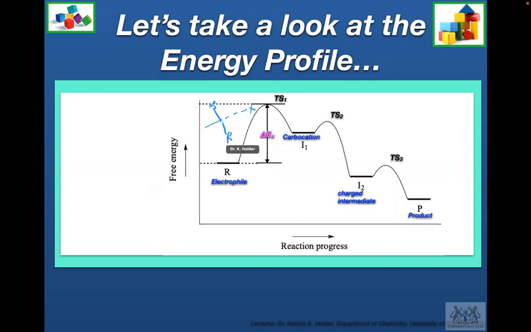And so you can see the development of a partial negative charge on our leaving group, and the emergence of a partial positive charge on the electrophilic center. But it's not a full-blown carbocation yet. So this is what our transition state would look like in this case.